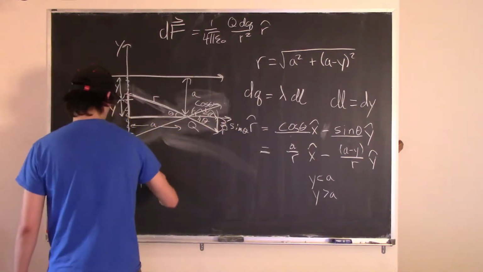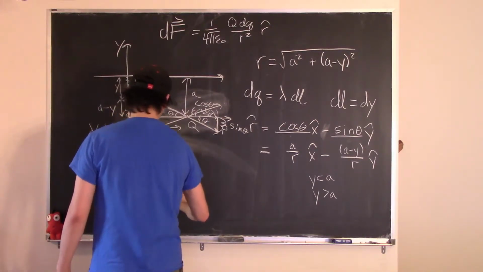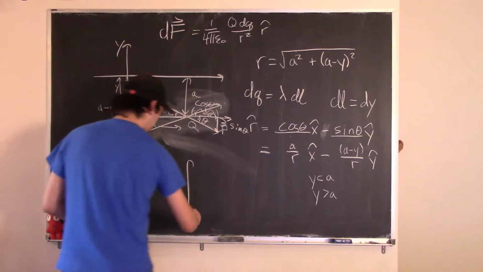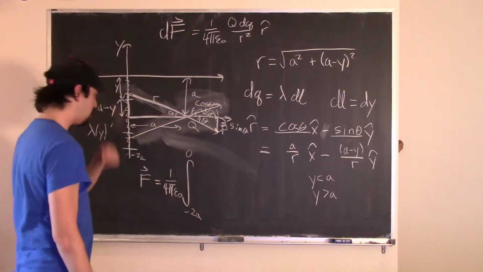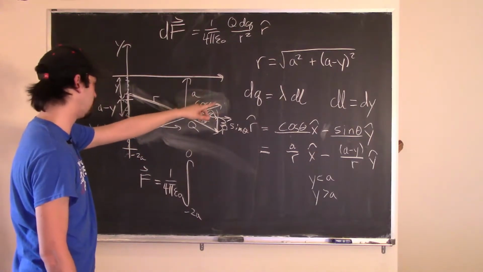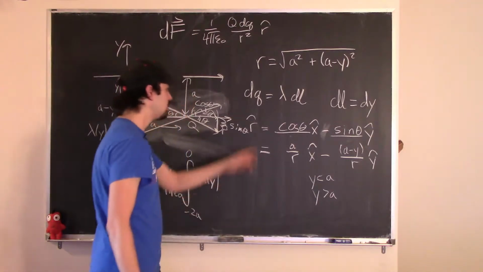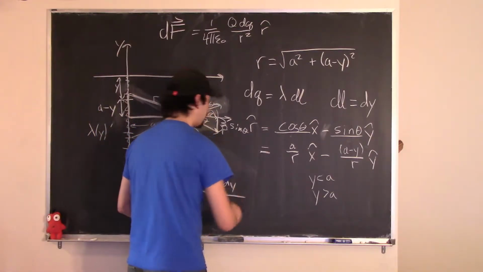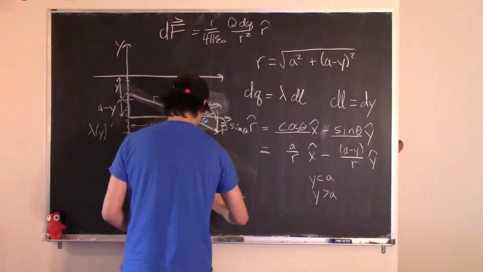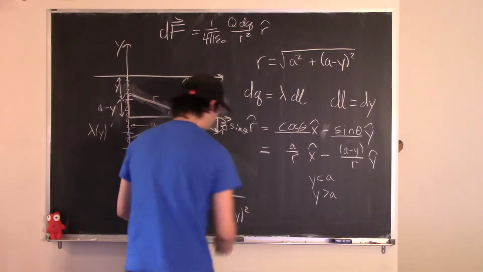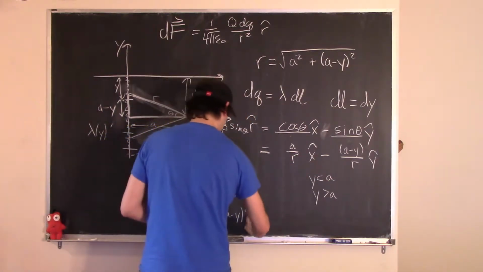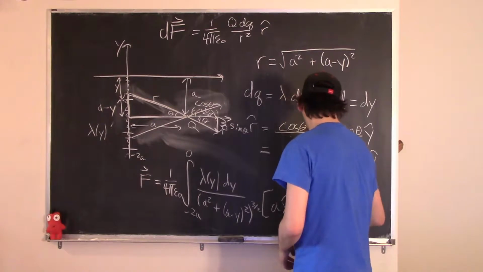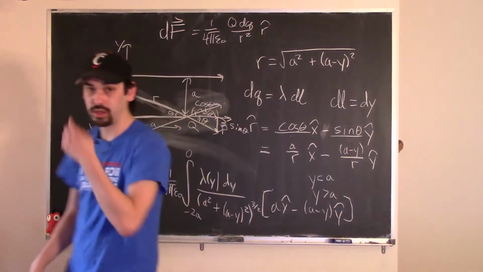When we do that, we say that F vector is going to be equal to 1 over 4 pi epsilon naught times the integral from the lower bound to the upper bound, so this is minus 2a to 0, of dq, which is lambda, so I have lambda as a function of y, times dy, divided by r, which is going to be a squared plus a minus y quantity squared, but we're going to get another one of those from here, so this is actually going to be to the 3/2, times a x hat minus a minus y y hat. And then that's it.